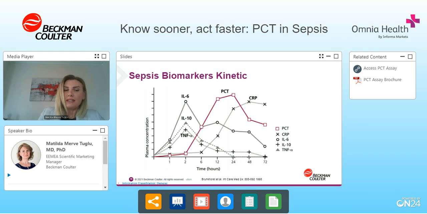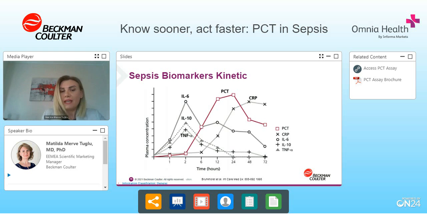The kinetics of expression of the various biomarkers that are produced following the onset of infection is essential to understand their clinical relevance. The cytokines are expressed relatively quickly following the infection, followed by procalcitonin and then by the C-reactive protein.